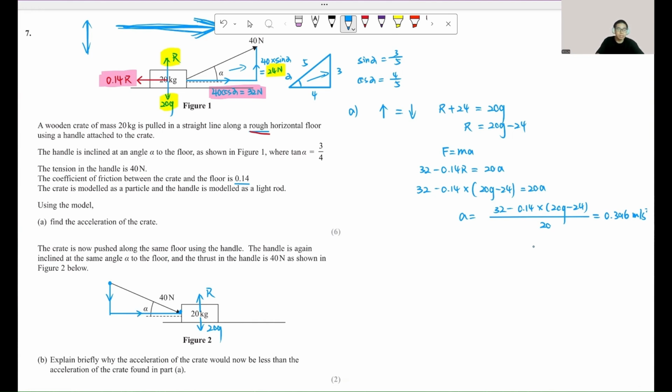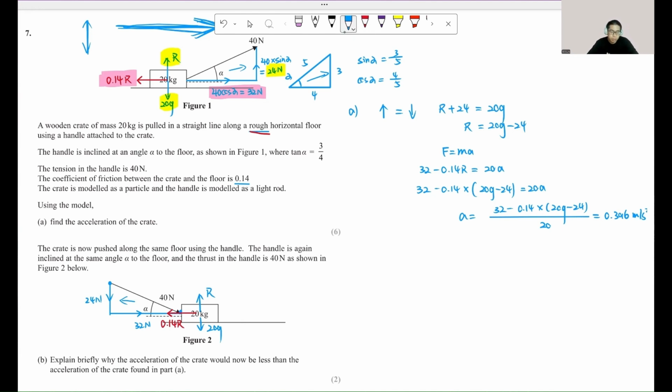So this one is the opposite. So that should be 40 sine alpha, and we already worked it out as 24 newtons. And then in the horizontal direction, that'd be 40 cos alpha, that'd be 32 newtons. And don't forget the friction. Friction is opposite to the moving direction, so still to the left-hand side, 0.14 R. So that would be all the forces.